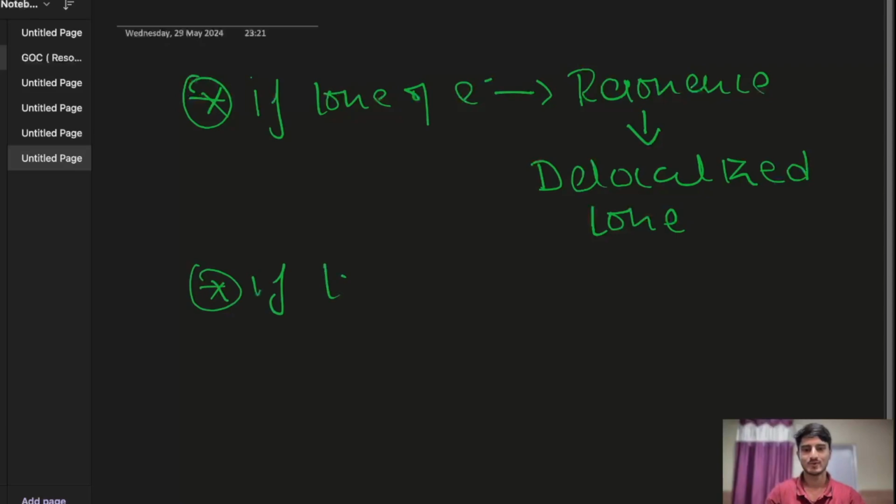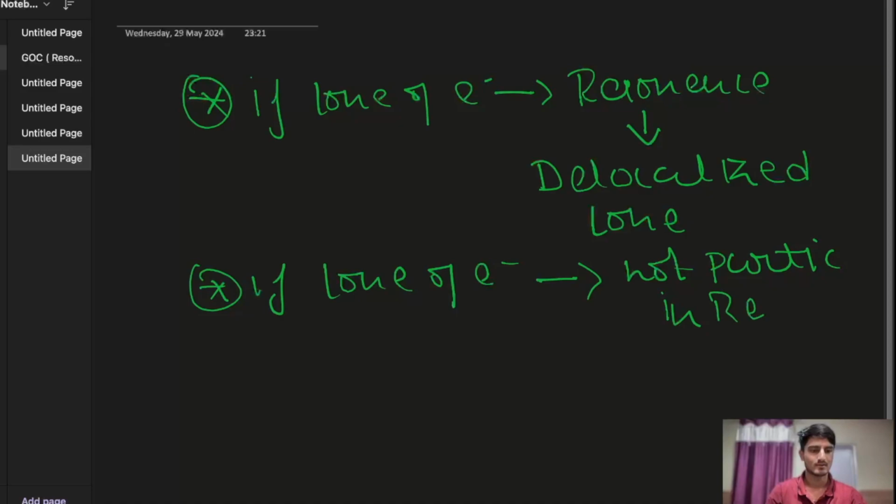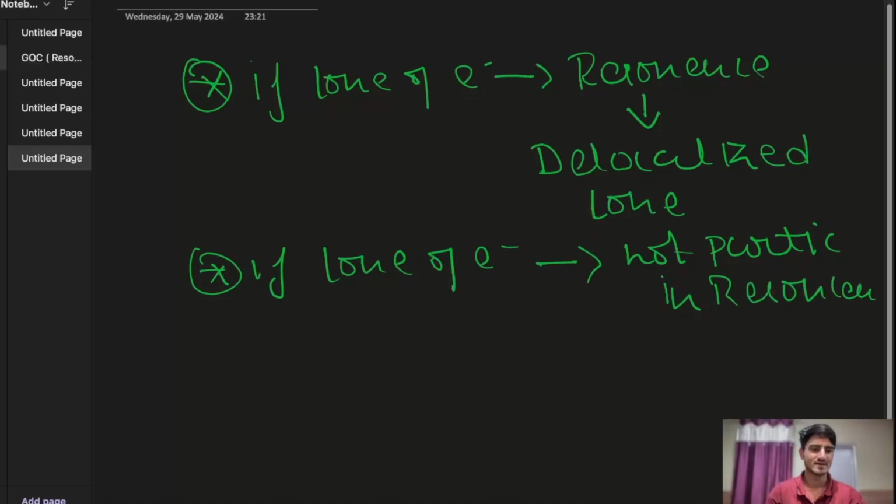If a lone pair of electrons is not participating in resonance, it means it will be present in a hybrid orbital.